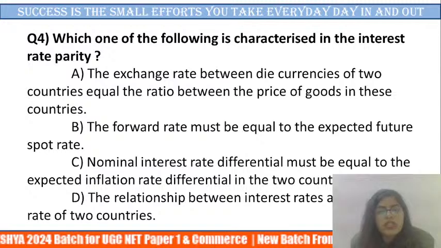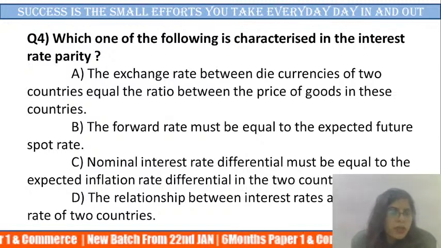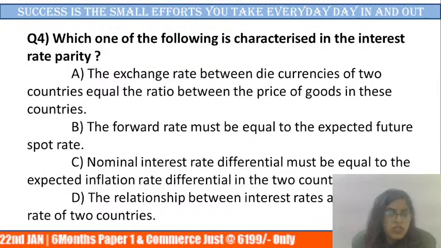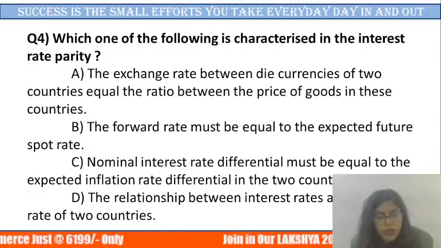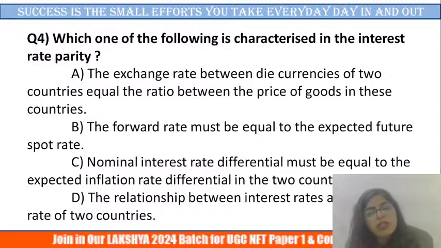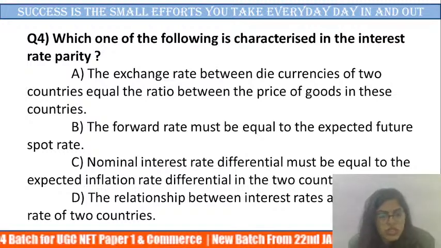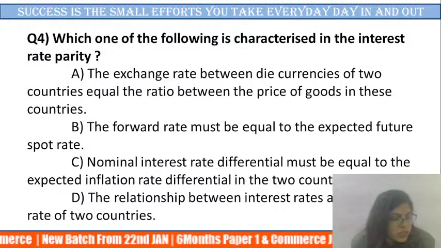Now the two countries point has come. Interest rate parity theory talks about two countries only, but still it can be the right statement or the wrong statement. And statement D is telling us the relationship between interest rate and exchange rate of two countries. So now you have to select which one is the correct statement.